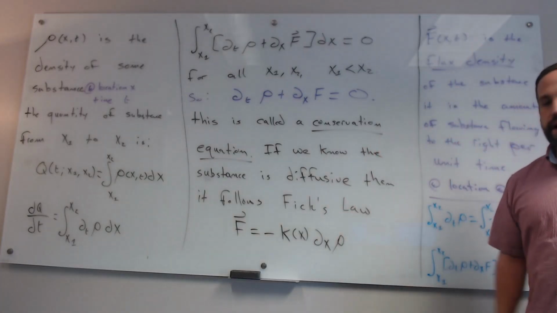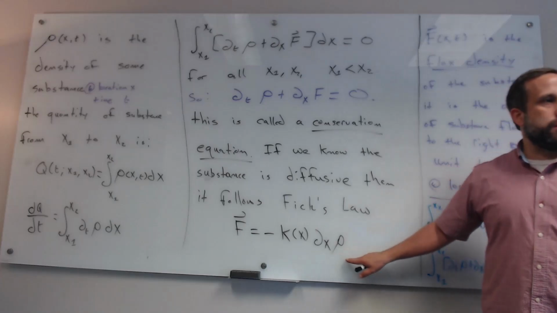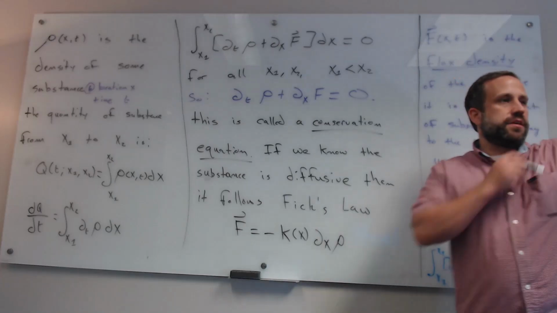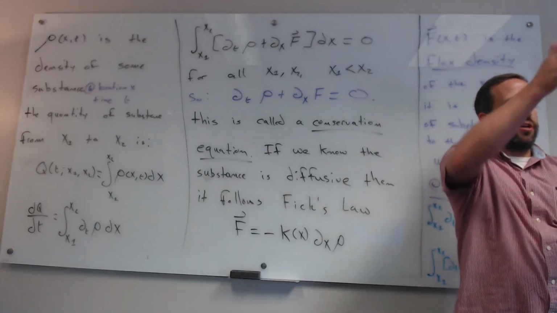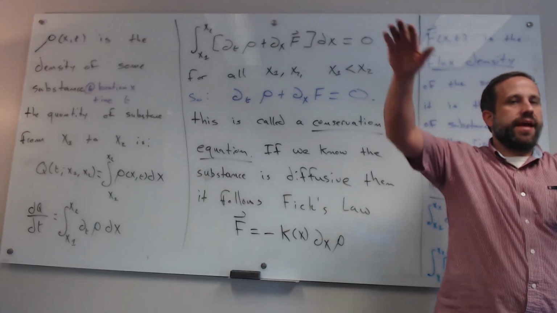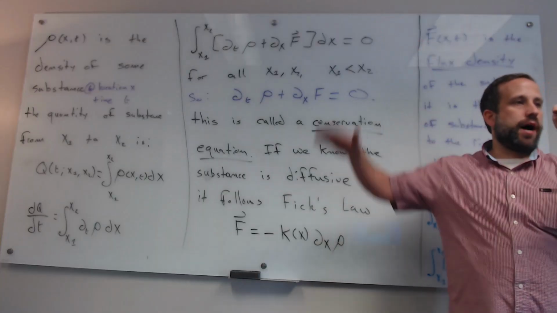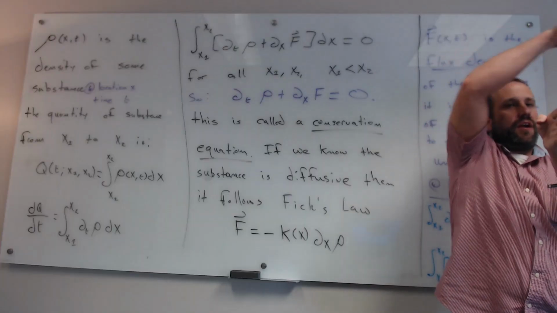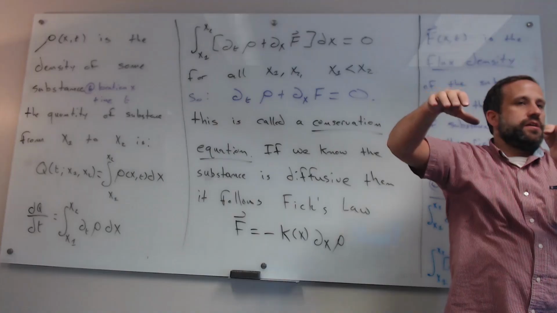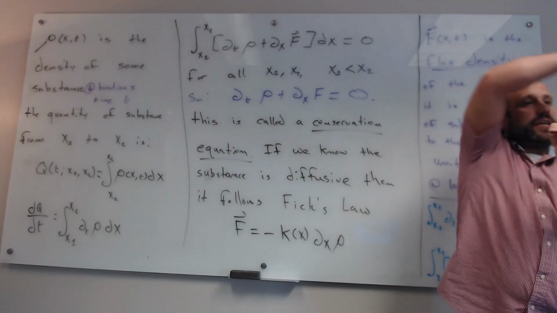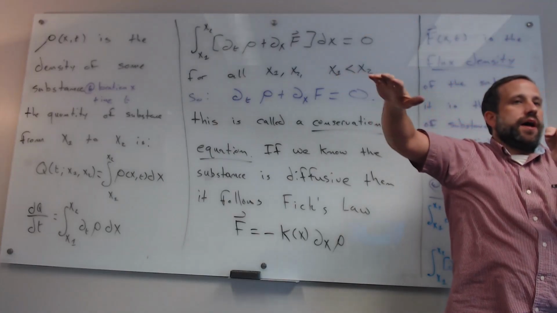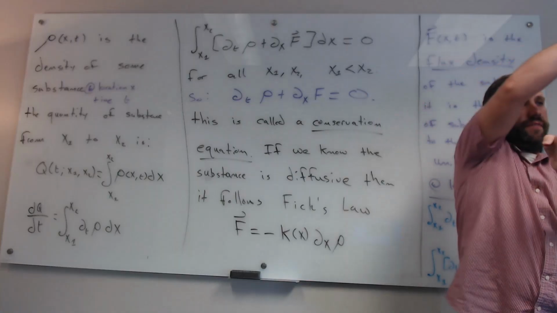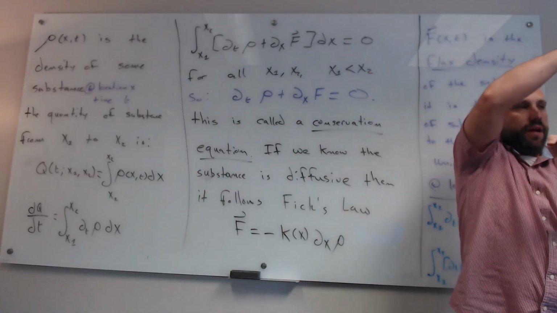Okay, so if we think about this, if the x derivative of rho is positive, that means that we're increasing. So let's look at this point x right here. If the x derivative of rho is positive, it means the density is increasing, so we have higher density here and lower density here. And so the flux is going to be from high density to low density.